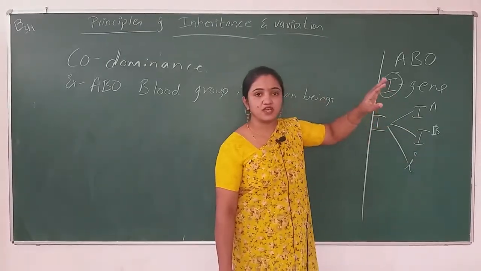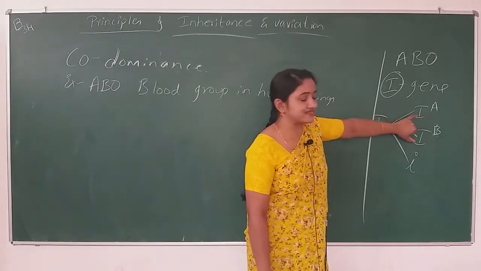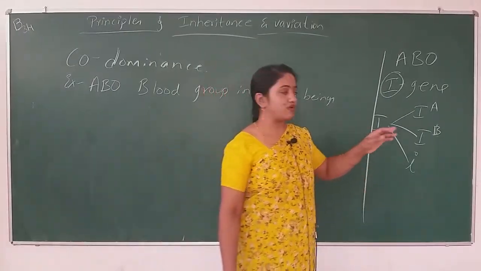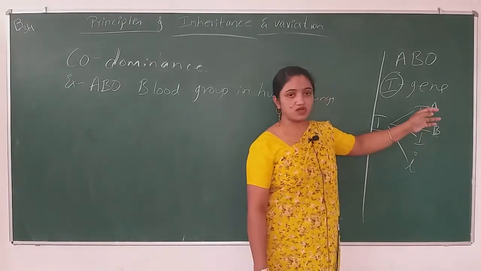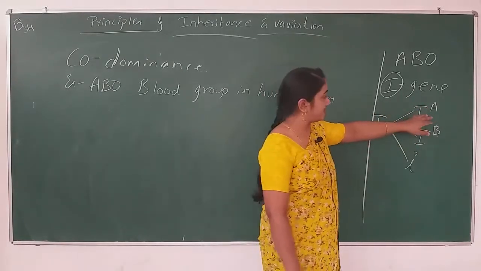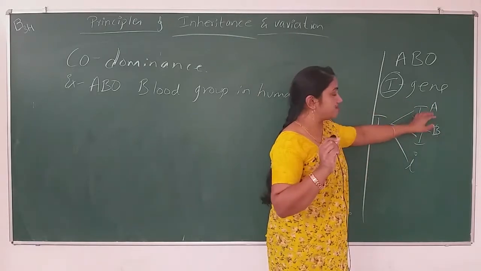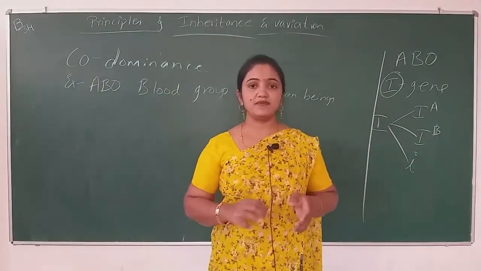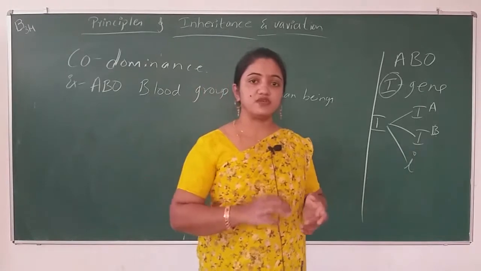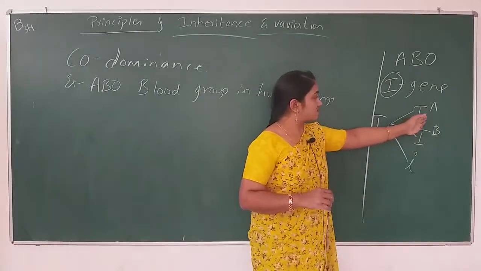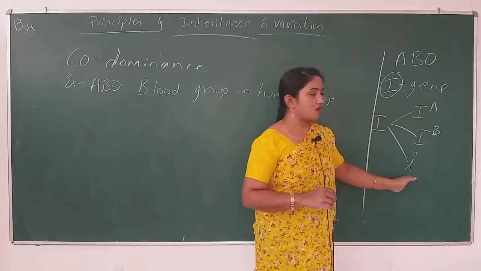What will happen if both these alleles are expressed in an organism? Those organisms are known as AB blood group. A person will have AB blood group only in the presence of both these alleles.